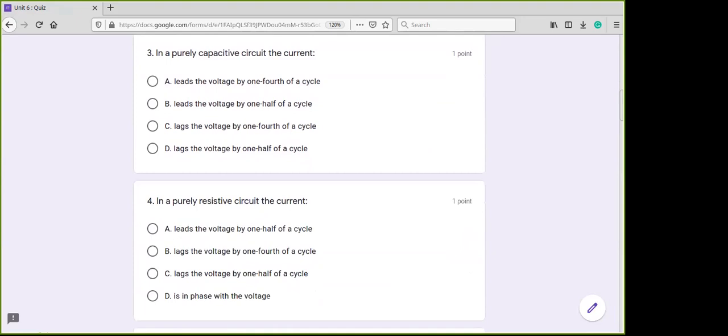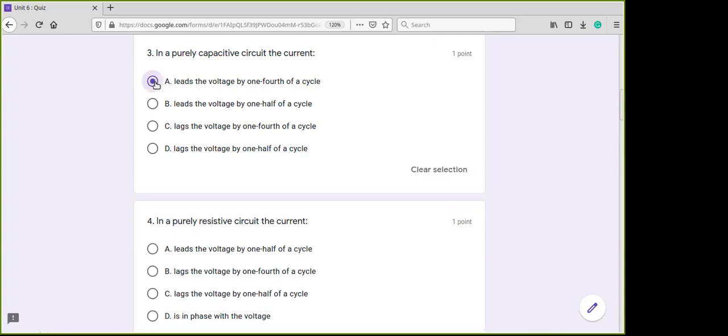In purely capacitive circuits, the current leads the voltage by what? 1/4. 1/4 means 90 degrees, yes? So the correct answer is option A.